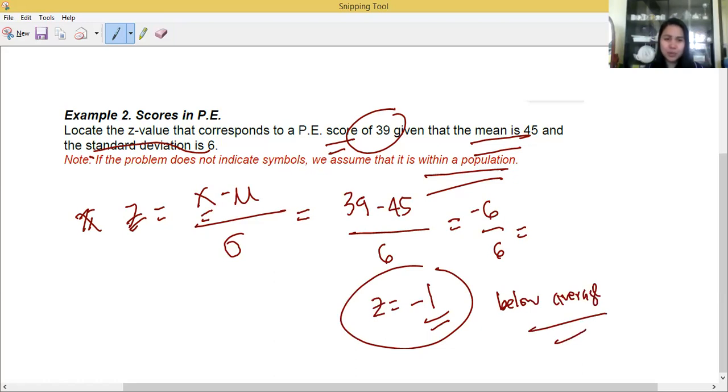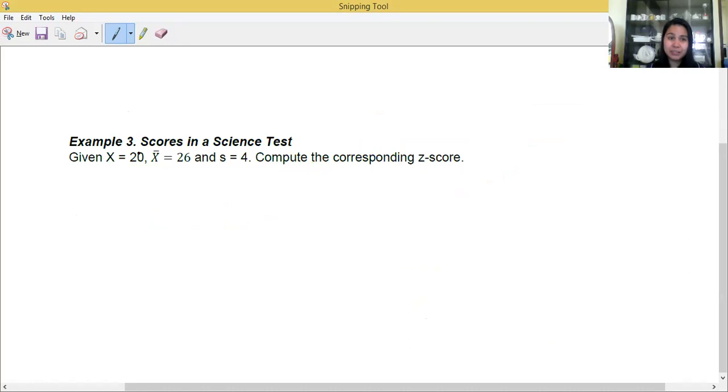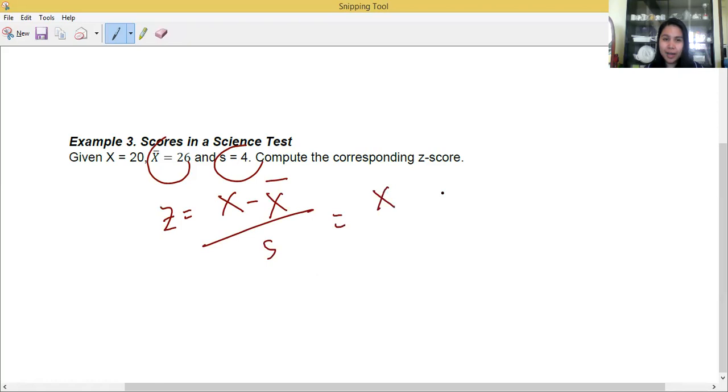Let's go to example number 3. In example number 3, it's very clear in the given, X bar and S. So it is within a sample. To solve for Z, we have X minus X bar over S. So our X bar is 26.